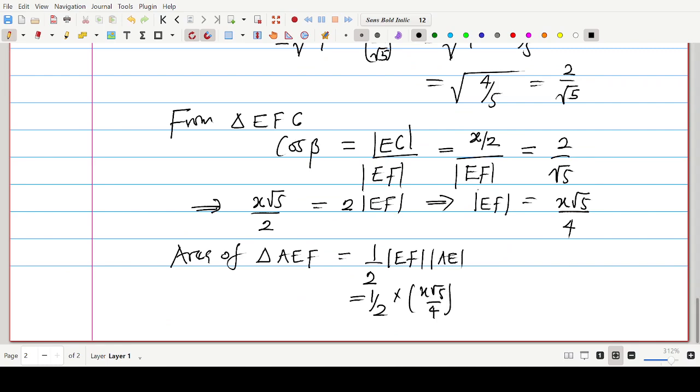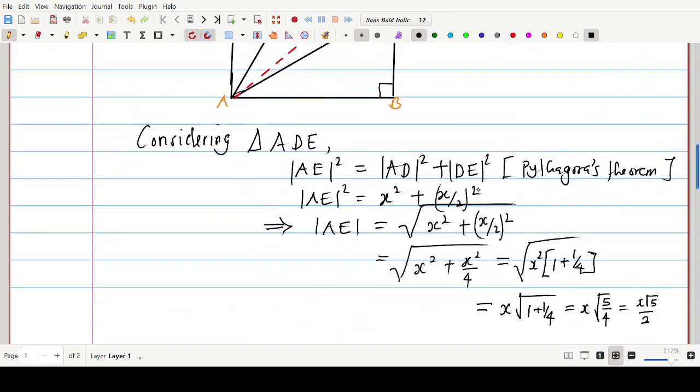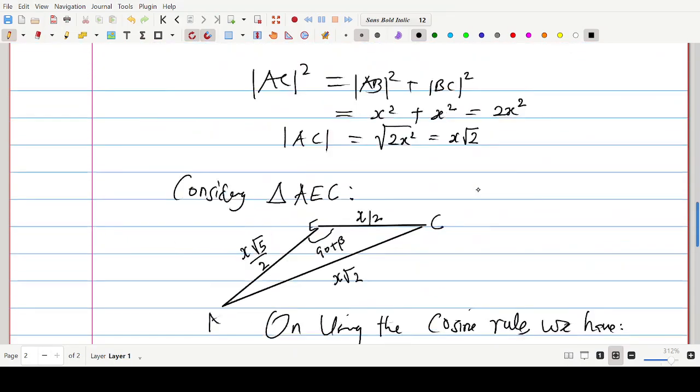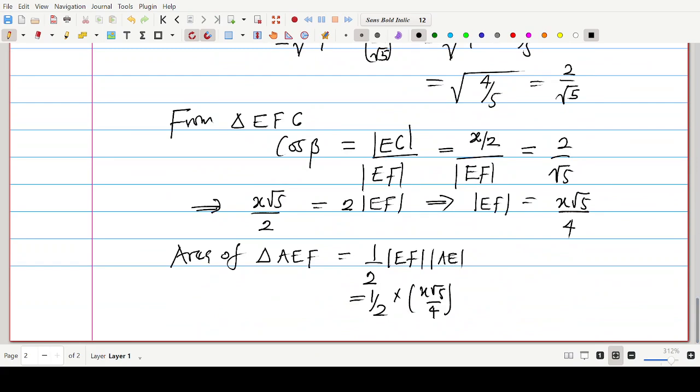All right, then AE. What is AE from the figure? x root 5 over 2. So this is what we have as results.